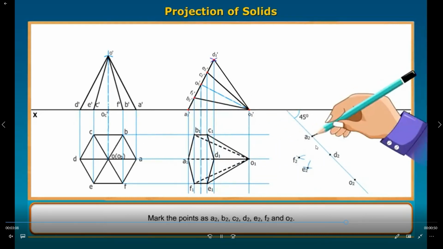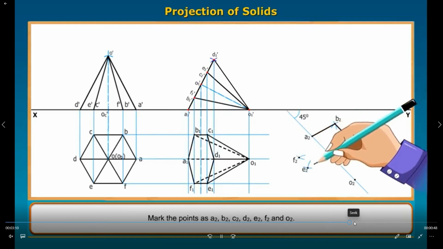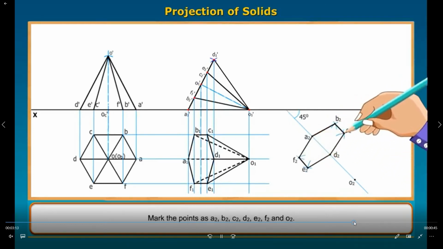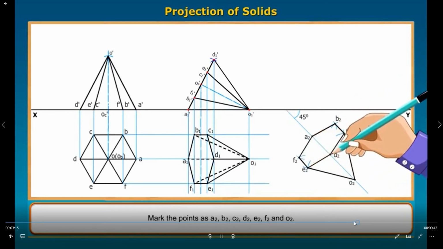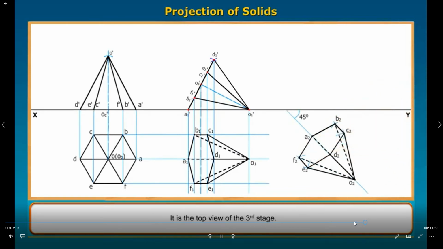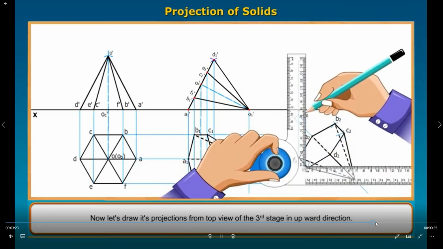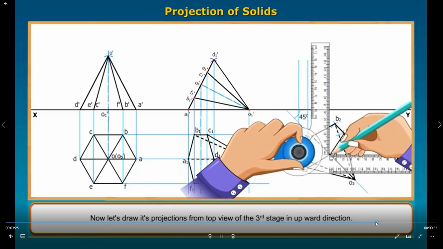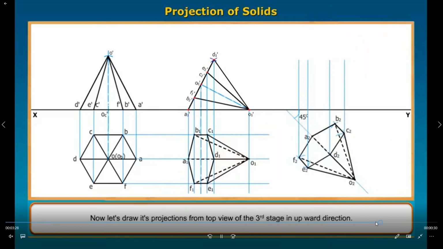Same here also you identify. In this way you join all the points. This is the inclination to VP 45 degrees. Now you extend the lines here with the help of the scale. In this way.